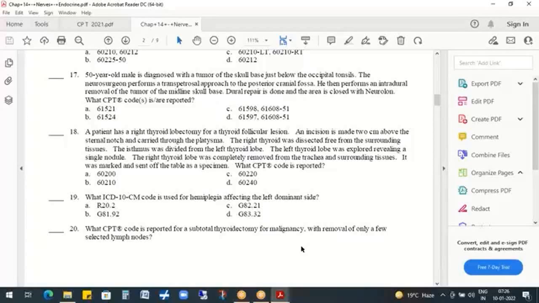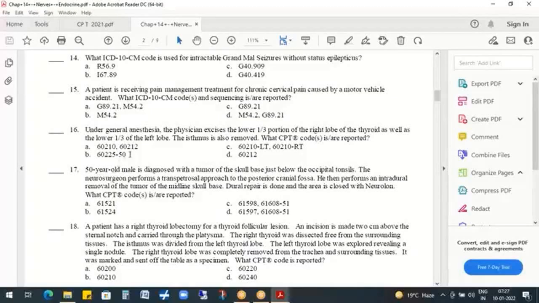Understood everyone the scenario here? Understood everyone? Any questions in this question? No, sir. Next one. Now see question number 16. Question number 16.